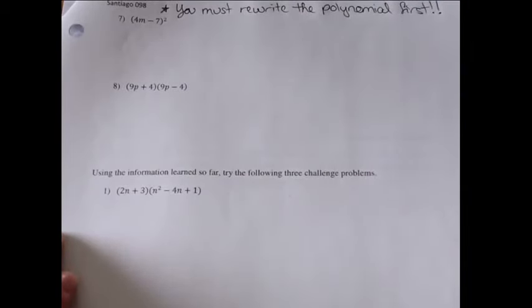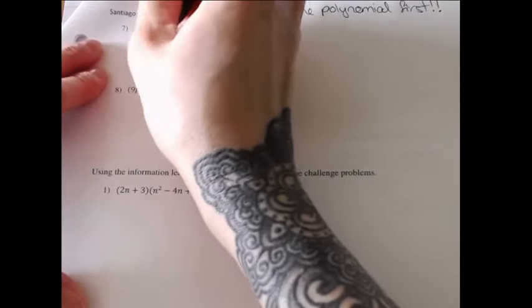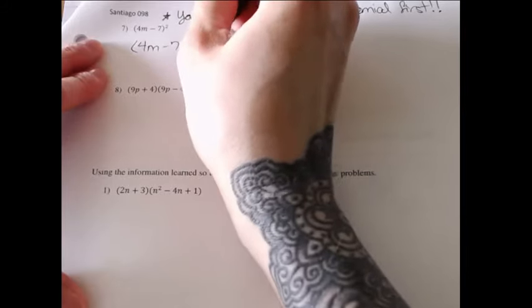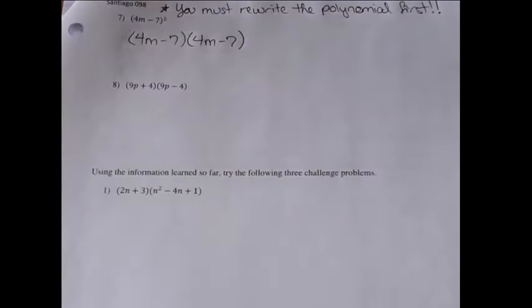So 4m minus 7 to the second power is actually 4m minus 7 times 4m minus 7. You have to rewrite it first. I'm going to prove to you why that is. First off, 4m minus 7 to the second power, you already know means you have to take the 4m minus 7 and multiply it by the 4m minus 7.